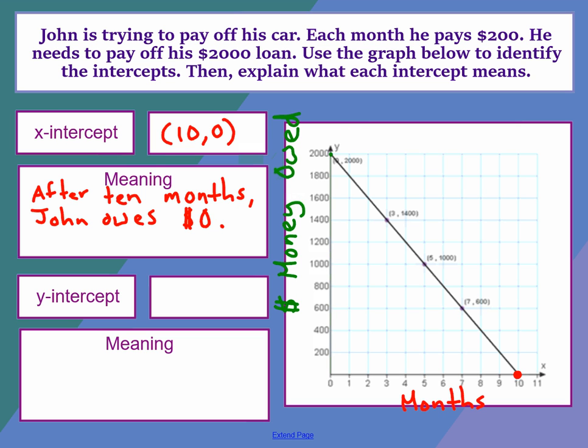And that is going to be 0, 2,000. And what that tells us is John initially owes $2,000.